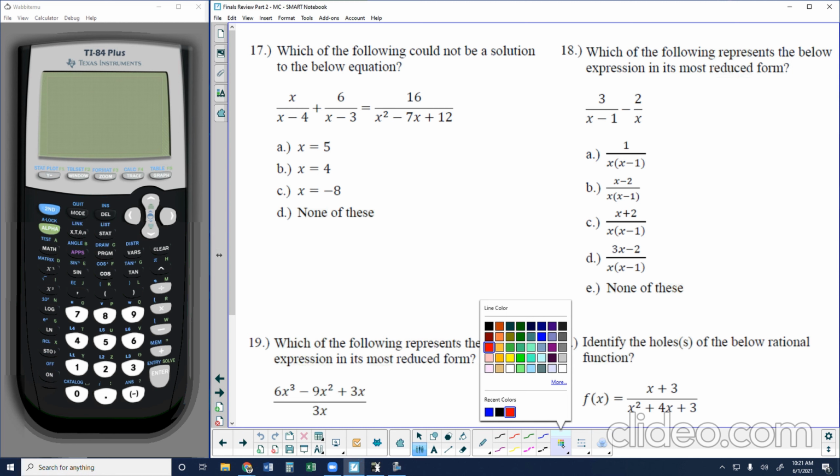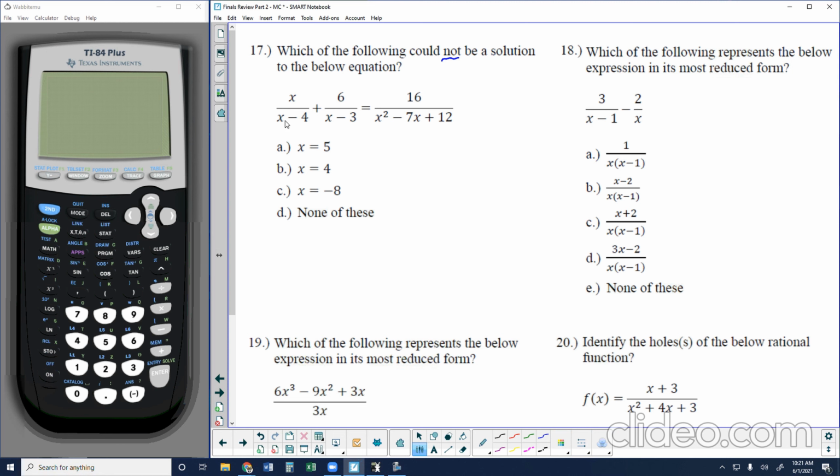So for instance, in this problem, we could try to find the correct solution or solutions to these equations. But a quicker way to identify which one could not be a solution is to take a look at what the domain would need to be. Remember, with rational expressions or fractions, you cannot have a 0 in the denominator.